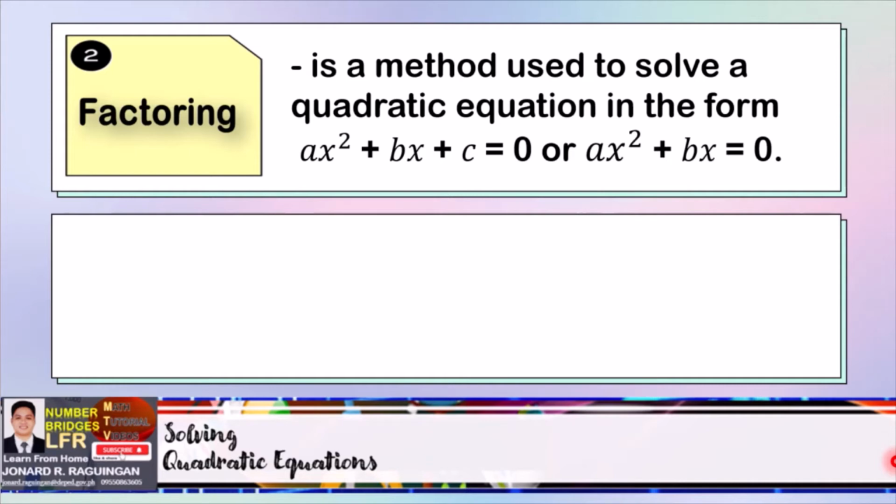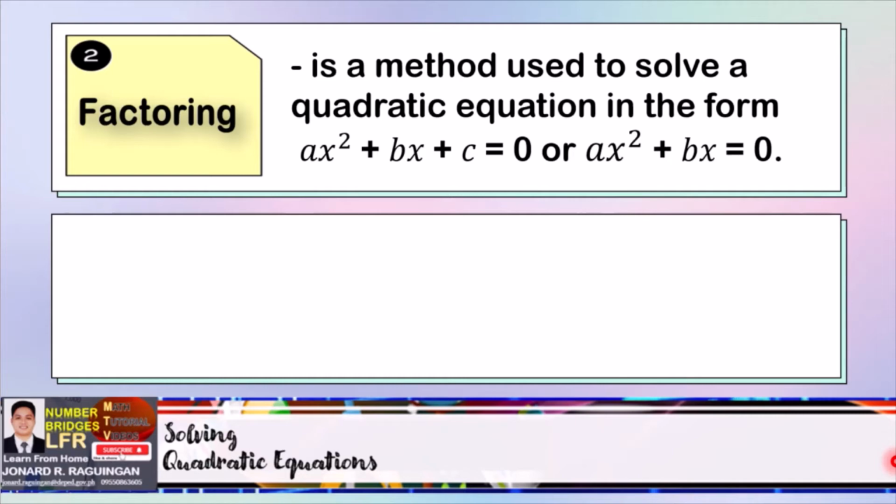Number 1, transform the quadratic equation into standard form if necessary. Number 2, factor the quadratic expression. Number 3, apply the zero product property by setting each factor of the quadratic expression equal to 0.